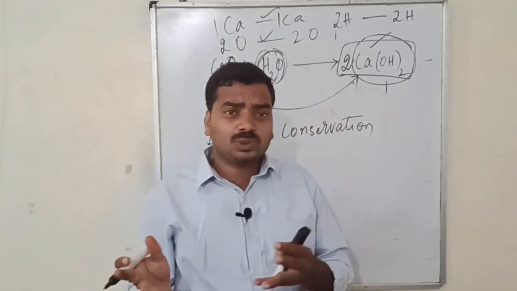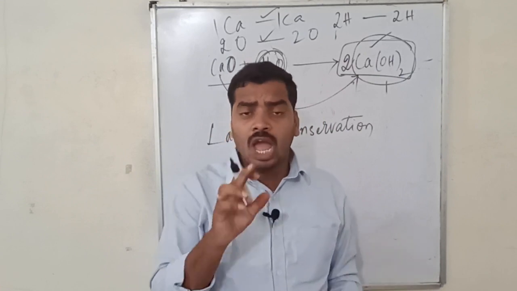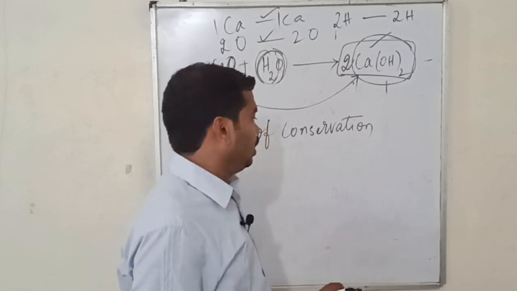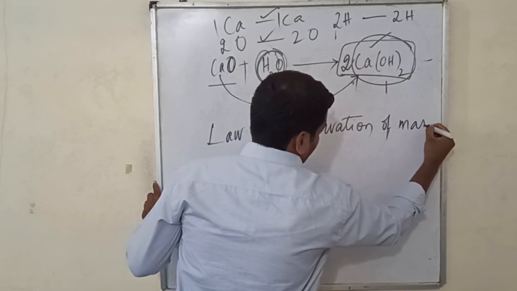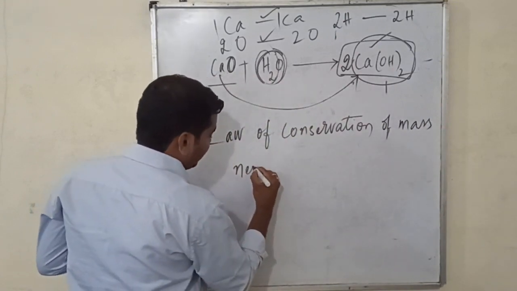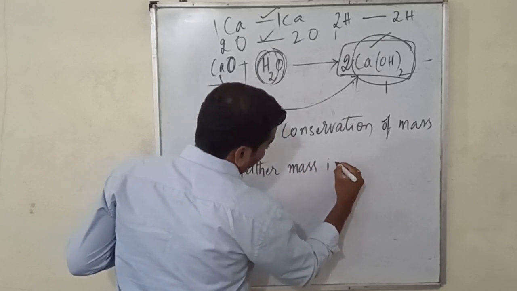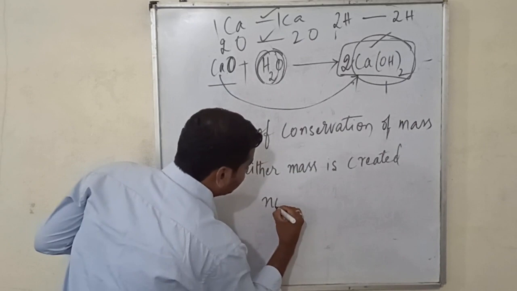Remember, mass would be transferred, it would get converted from one form to another form, but no new mass would be formed. Remember this. So the law of conservation of mass says mass is neither created nor destroyed.